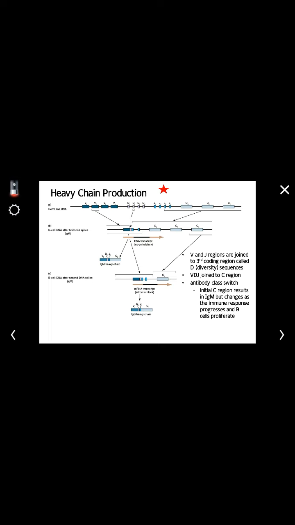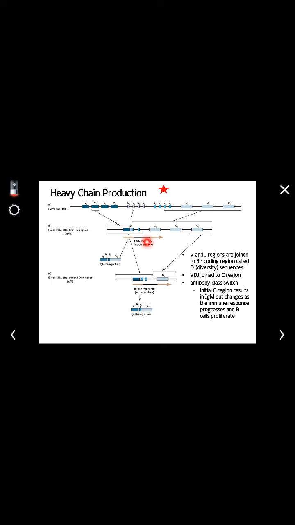In heavy chain production, you have your V2, D2, J3, all these C's, and J3 and 4. So J3 and 4 come in.